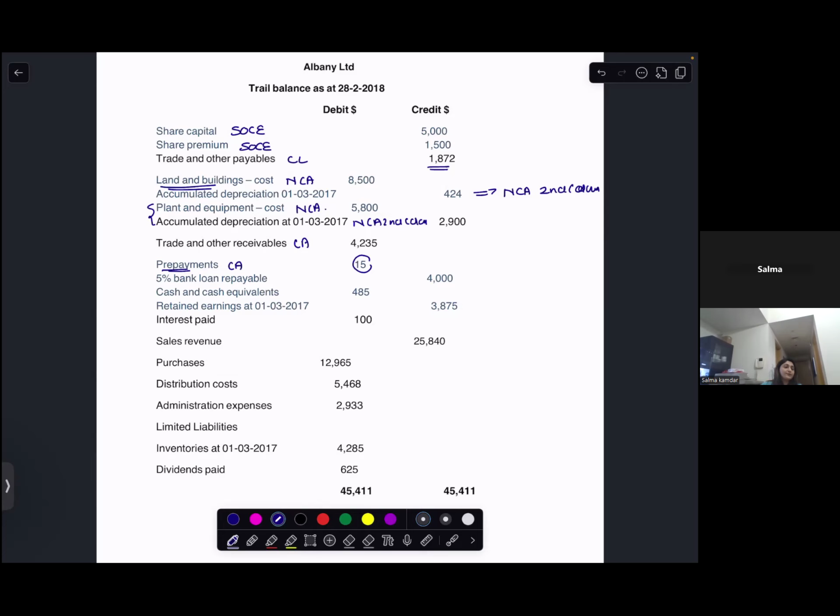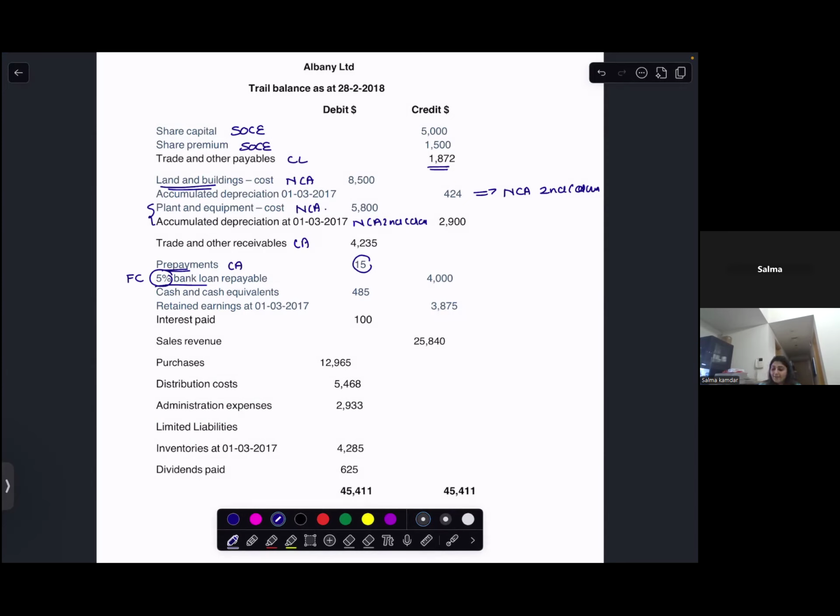5% bank loan. Need to think properly. The 5% represents the interest. 5% would go in the finance cost. Now, when you're calculating interest, you need to know when you have taken your bank loan.